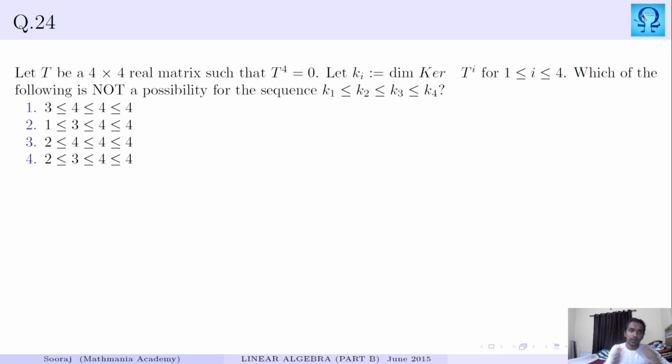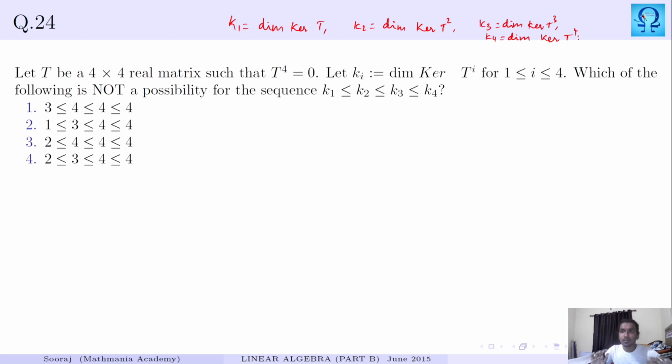Here we are given, let T be a 4 by 4 real matrix, such that T power 4 is 0. And Ki is defined to be the dimension of kernel of T^i, where i runs from 1 to 4. So we have 4 entries here. That is K1, which is dimension of kernel of T, and K2, which is dimension of kernel of T squared, and K3, which is dimension of kernel of T cube, and K4, which is dimension of kernel of T to the power 4.